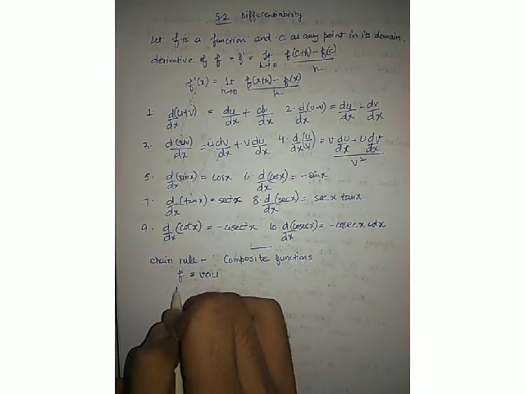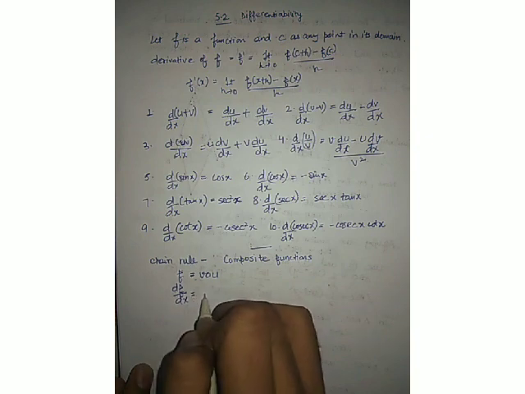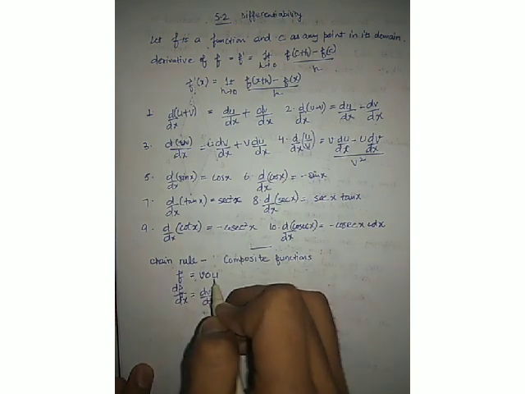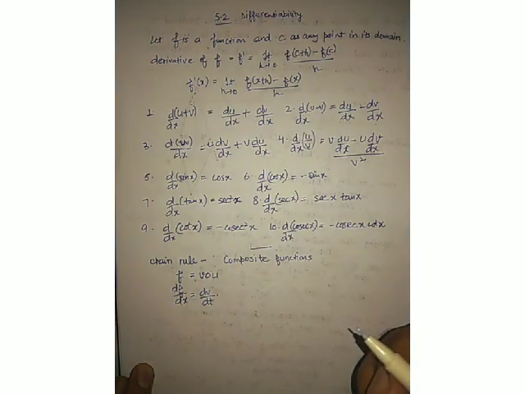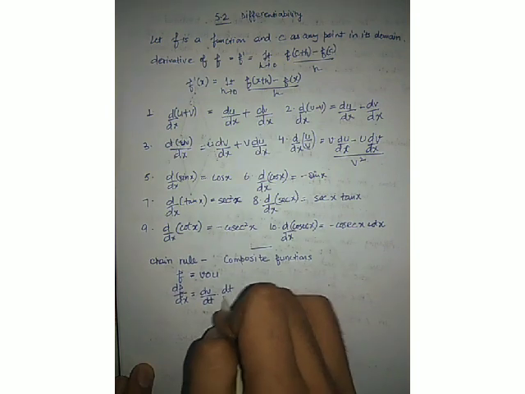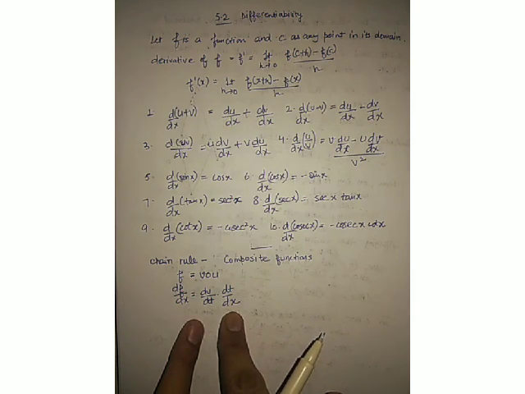So when we derive f with respect to x, we will get dv upon dt, where t is u, which is a function of x indirectly, times dt upon dx. Let me make this clear with the help of an example.